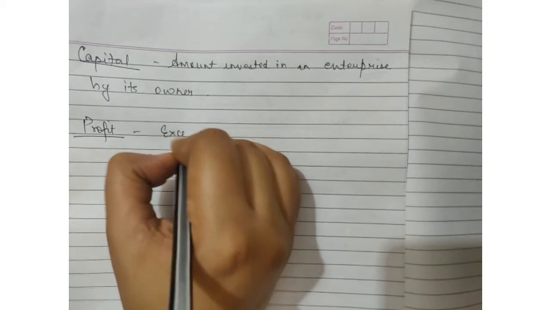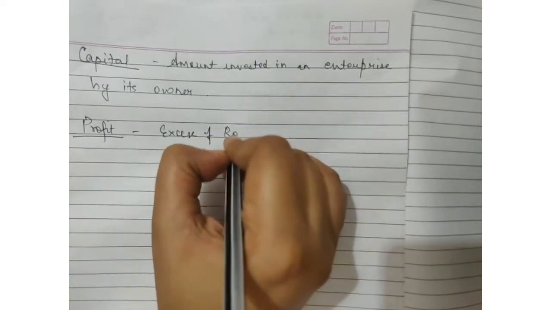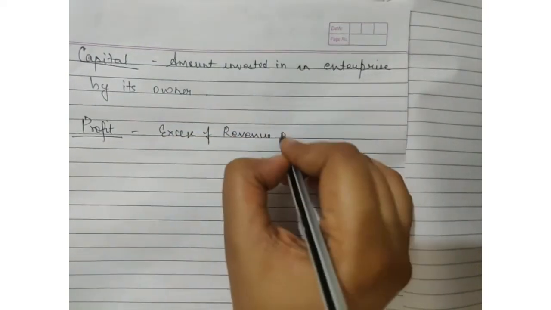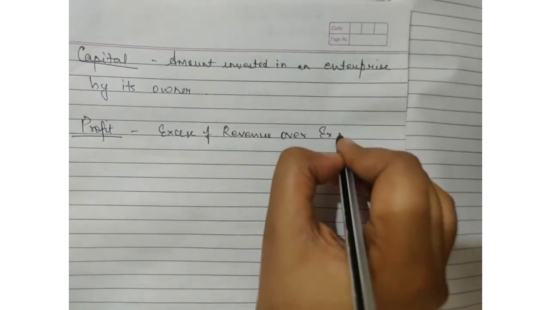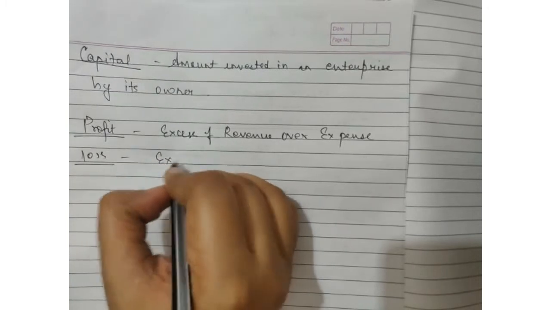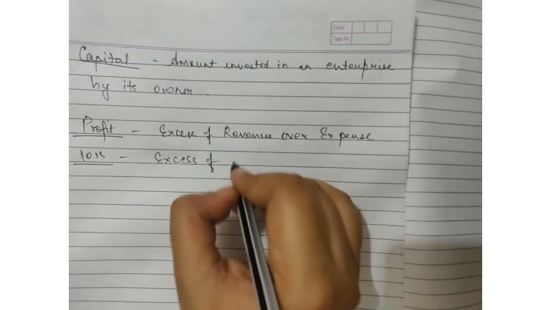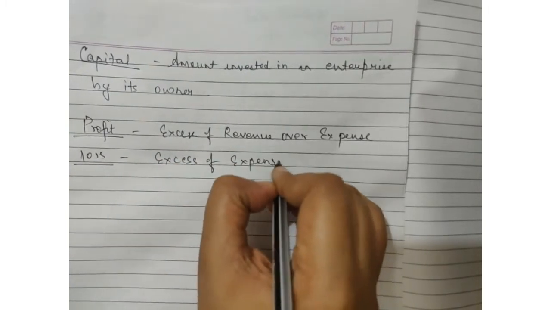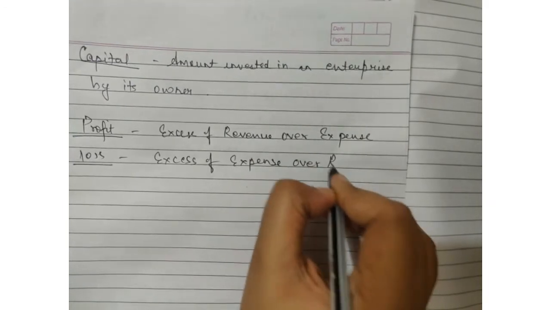Profit is the excess of revenue over expense, and loss is a vice versa, that is, excess of expense over revenue.